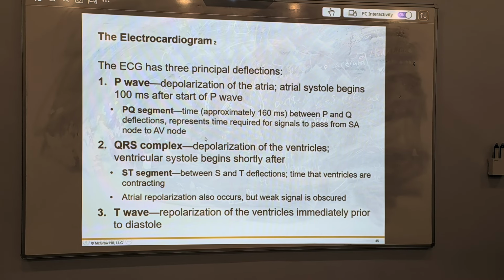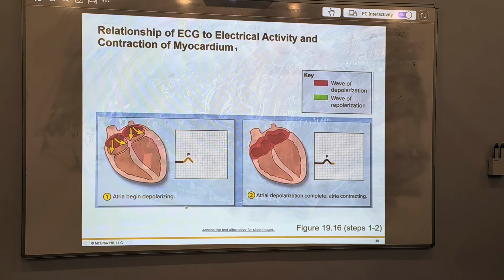The QRS complex represents the depolarization of the ventricles, and ventricular systole is going to begin shortly after. The ST segment is between the S and the T deflections, and that's the time that the ventricles are contracting. And lastly, the T waves represent the repolarization phase of the ventricle that's immediately prior to the diastole.